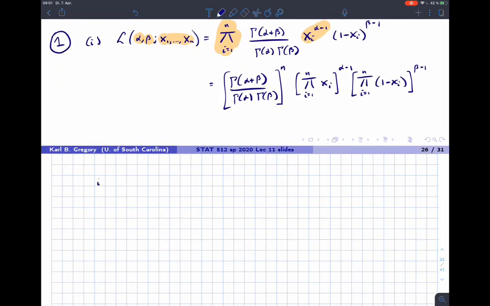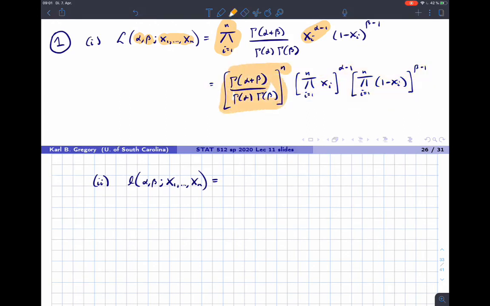What we'd like to do now is go to the log likelihood function and then see if we can differentiate it with respect to alpha and beta in order to set the partial derivatives equal to 0 and solve for alpha and beta. So let's write down the log likelihood. We've got to take the log of all this stuff.